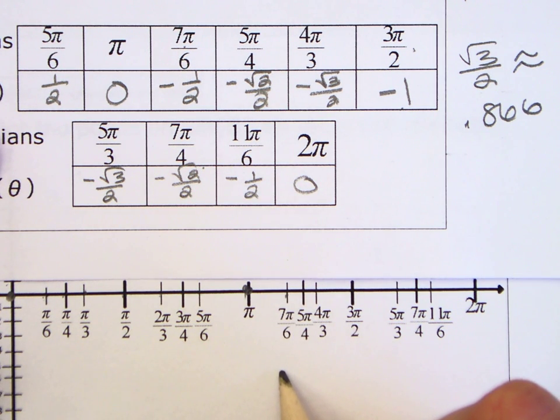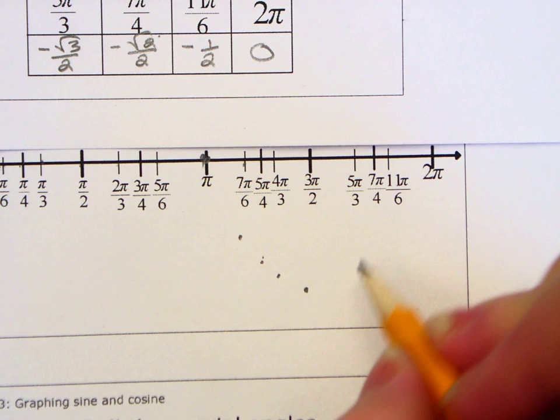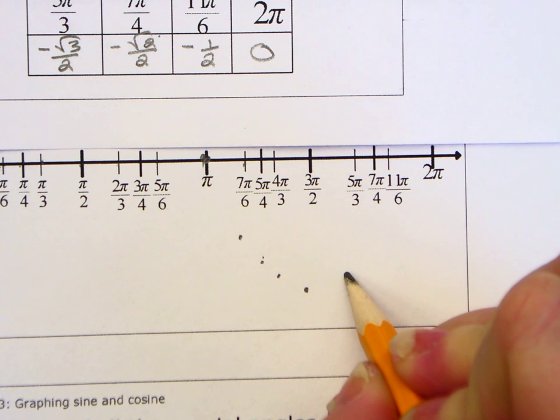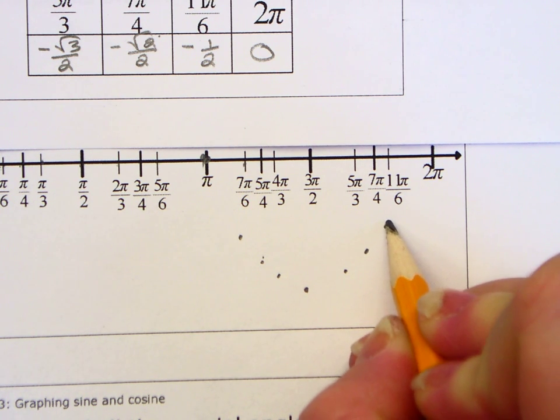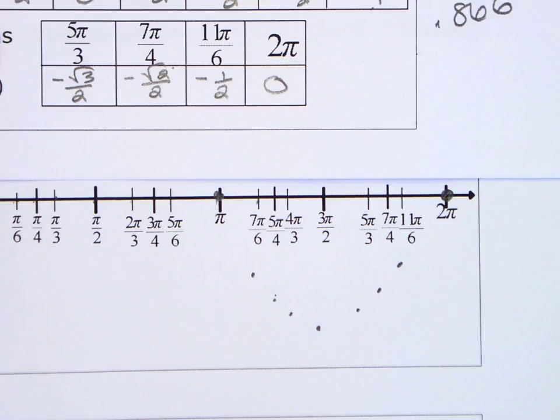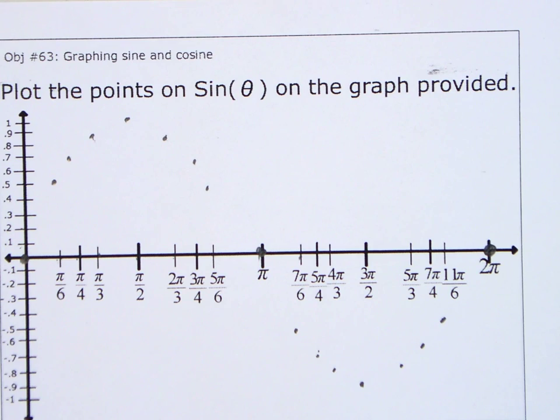So negative 0.5, negative 0.7, negative 0.866, negative 1, and then back. 0.866, 0.707, 0.5, and 0. Okay. So I have all these dots, and then I'm just going to connect the dots.